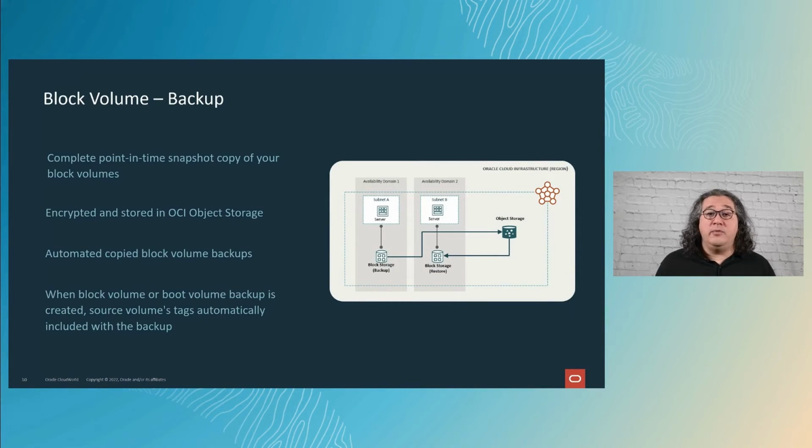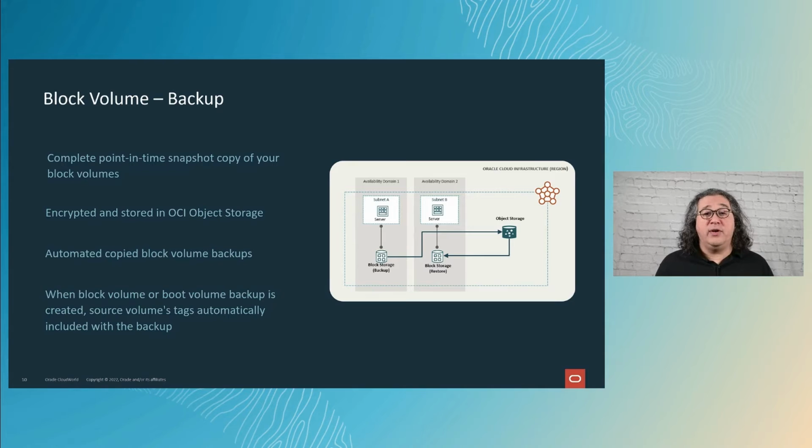OCI block volumes provides the capability to create complete point-in-time snapshot copies of your block volumes. You can make a backup of a volume when it's attached to an instance or while it's detached. Those backups can be incremental or full backups. The backup is encrypted and is stored in OCI object storage.